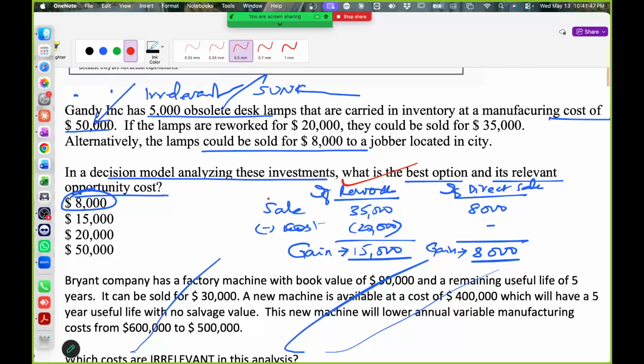There are non-financial things in their mind. What are the non-financial things? You have to take all those obsolete lamps and put them in one space. Use your workers. Some of the workers are doing production; you pull one or two workers and tell them to rework on it.